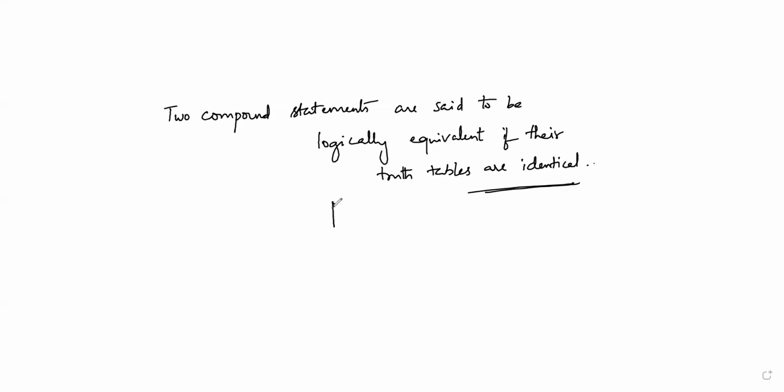This you will represent as P logically equivalent to Q. Okay? Clear? Yes, sir. Okay. Next. There are certain laws that these statements obey. You will refer to it as the algebra of statements.